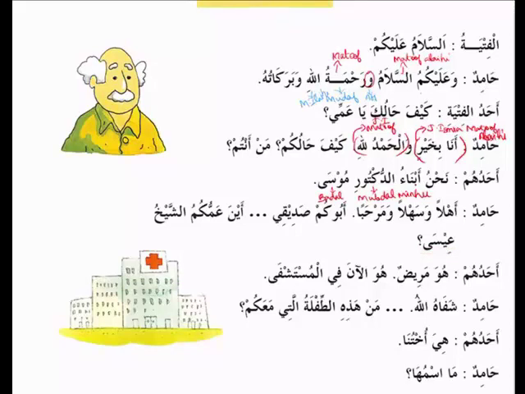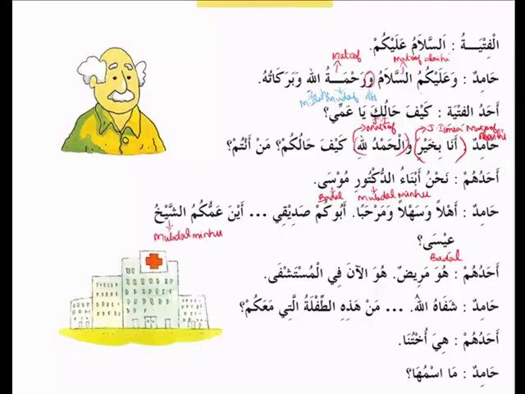This is going to be badal, because it is referring to the same person. Isa and sheikh, these are two words which are coming to refer to the same person. So you will give the position of Isa as badal, and sheikh will be mubdal minhu.